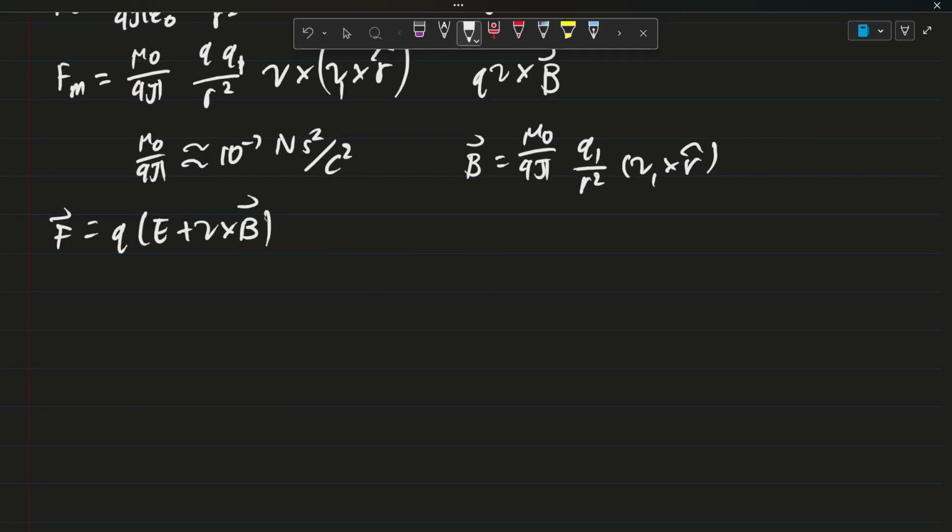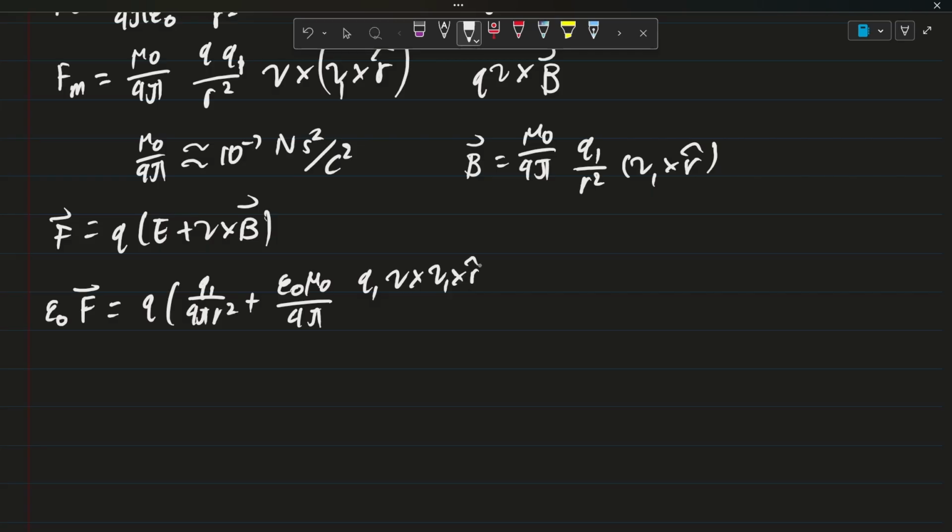Now with this Lorentz force, you could substitute the forces, and you would end up with epsilon 0 times F vector equals Q times Q1 over 4 pi r squared plus epsilon 0 mu 0 over 4 pi times Q1 V cross V1 cross r hat, divided by r squared.